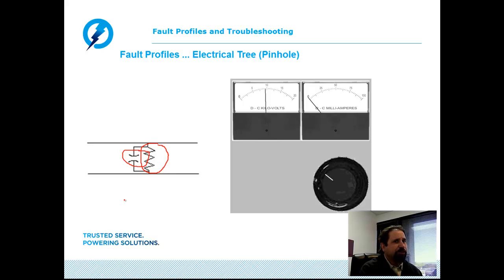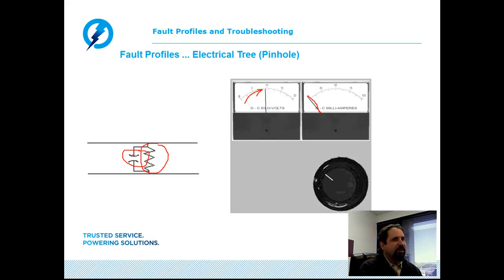Now, the gap value: typically if we were doing a high potential test, we would energize the cable and apply some value of voltage. If the cable was in good shape, with healthy insulation, what we should see is that the circuit is holding voltage, with very little to no leakage current flowing back on the concentric neutral or the shield.